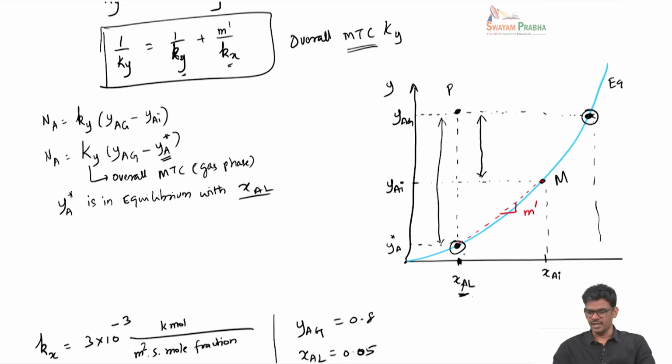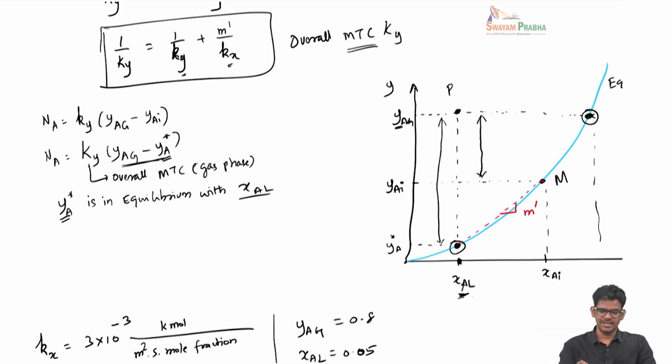So since we know YAG and XAL, using the equilibrium line, we can obtain YA star. Then we can use YAG minus YA star as a driving force to calculate the flux, in which case we have to use an overall mass transfer coefficient, capital KY.